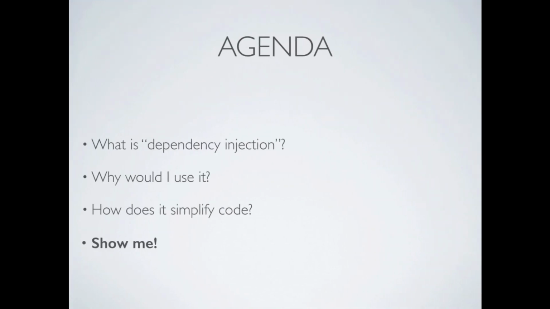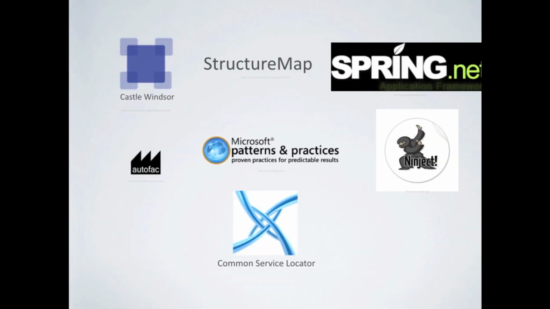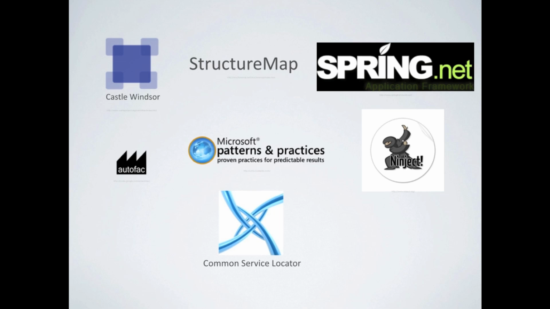So finally, let's take a look at some examples of what this really means and how we would implement this. Now there are lots of different frameworks that are used for dependency injection. This is a very small subset of them. These are probably some of the more popular ones. There are some that are even as simple as a single class that you add to your solution, something that doesn't really require its own large framework.